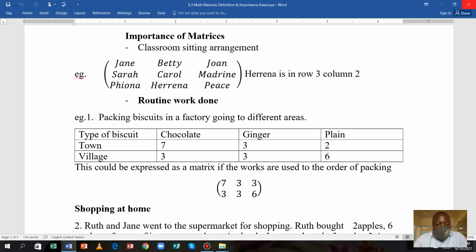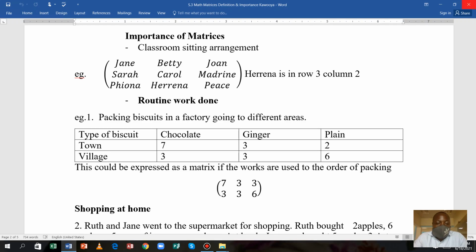An example I will take, if I look at a factory packing biscuits going to town and to village, we are looking at a situation where the first tray always contains chocolate biscuits, then the second tray or the middle tray has Jinga biscuits, and the last one or the third one has plain biscuits.